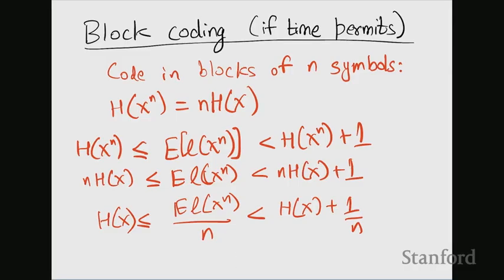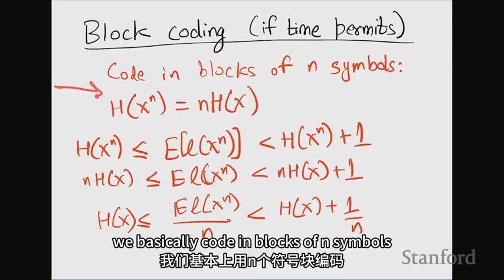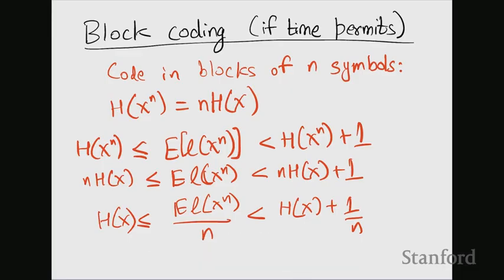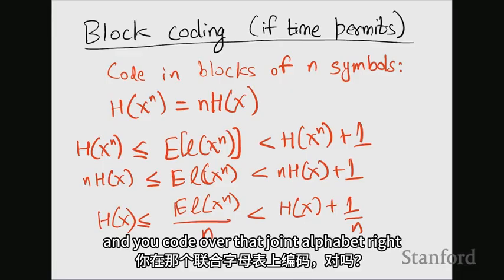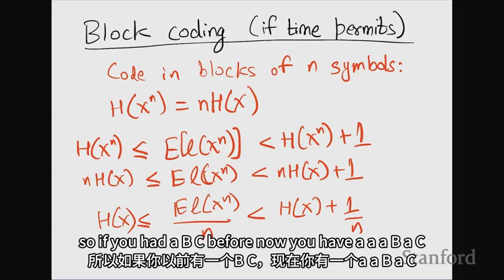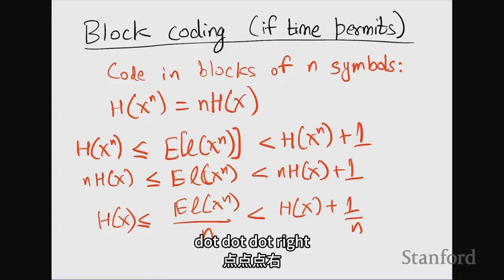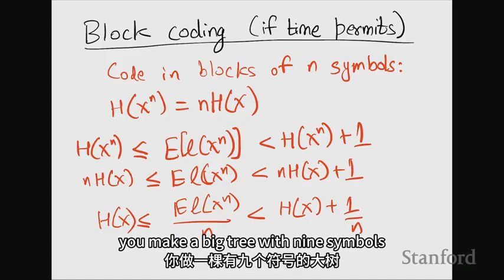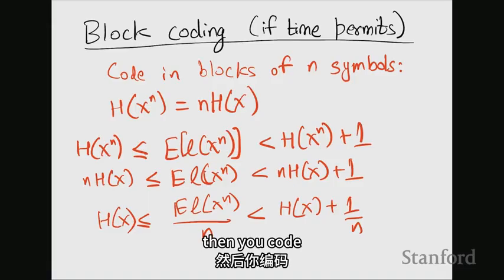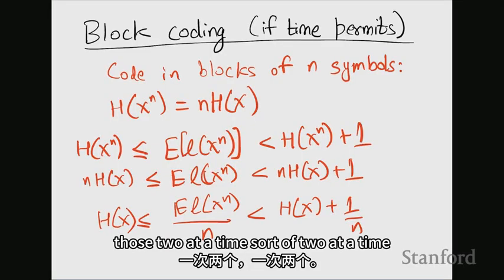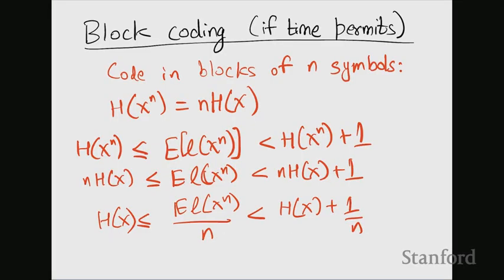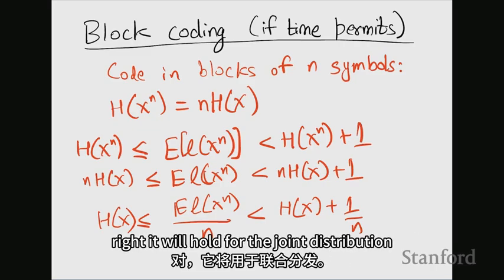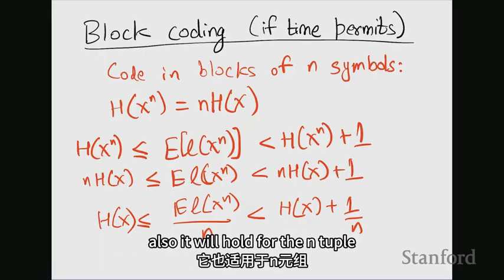So we basically code in blocks of n symbols. What you do is you take n symbols, like you did in the first quiz, and you code over that joint alphabet. So if you had A, B, C before, now you have AA, AB, AC and so on. You have 9 symbols. You make a Shannon code, you make a big tree with 9 symbols. Then you code those 2 at a time. And the Shannon code property holds for any distribution. It will hold for the joint distribution also, for the n-tuple also.